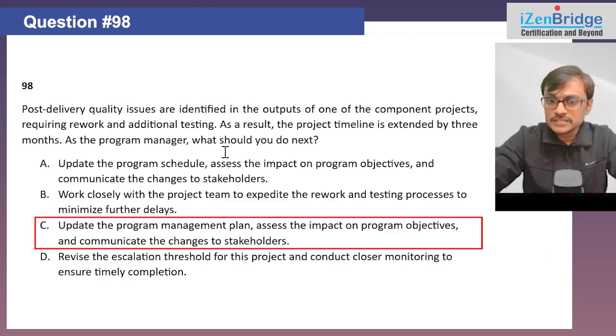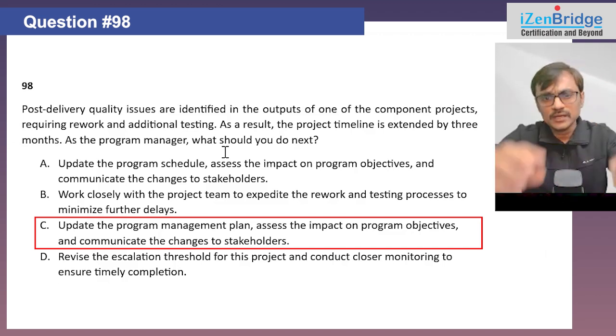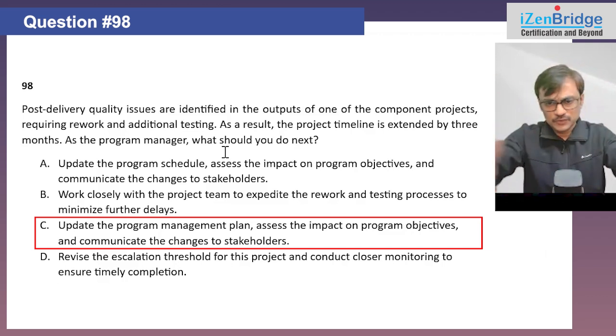Those kinds of things are most likely to happen. And as we learned in our exam content outline, we need to update the program management plan. Now, both options A and C are not talking about looking anything beyond the issue described in the question. So if I don't have such an option, then I will say, okay, assuming this issue has been accepted, this is what we have to adjust to.